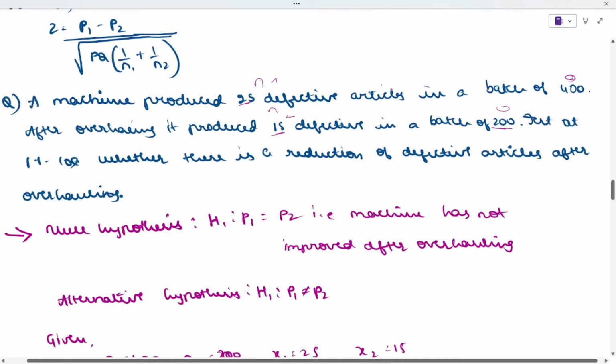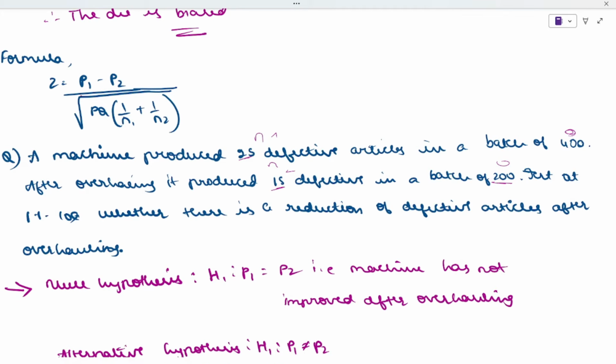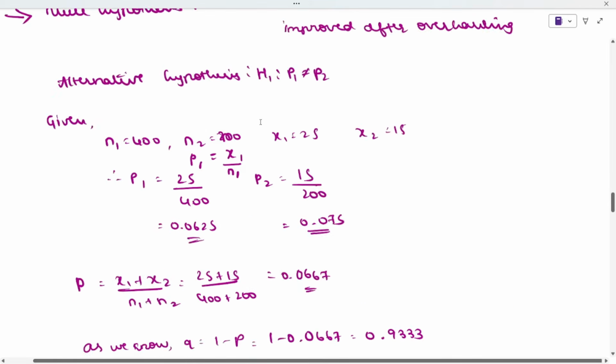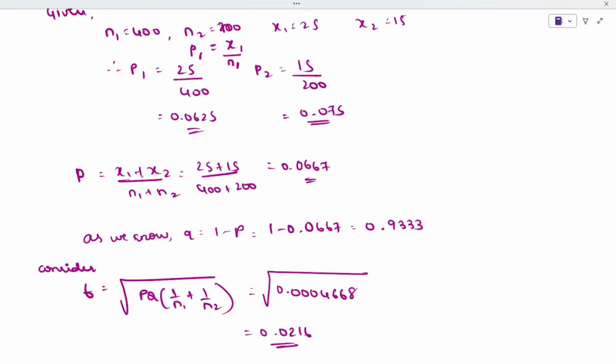See here, the formula is what? P1, P2 you got, that is x1 divided by n1. Now you want P and Q, right? P is what? P is x1 plus x2 divided by n1 plus n2. There you took x1 divided by n1, that is p1.